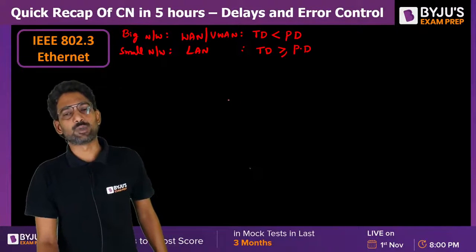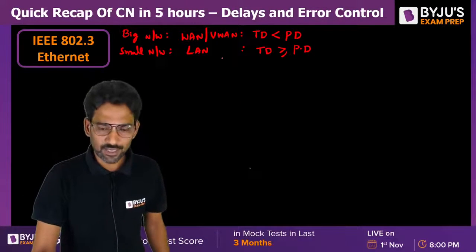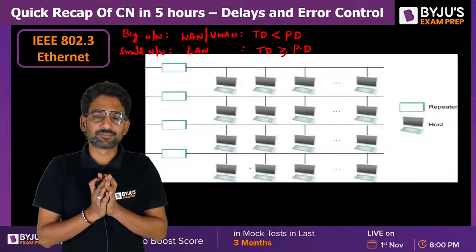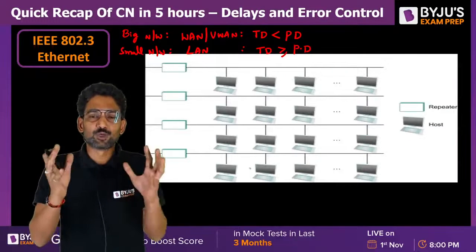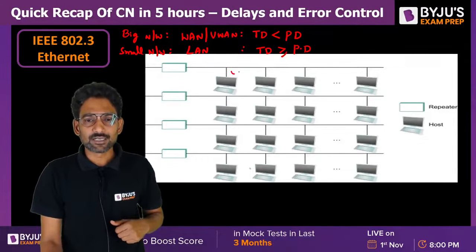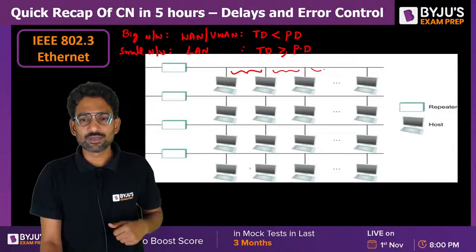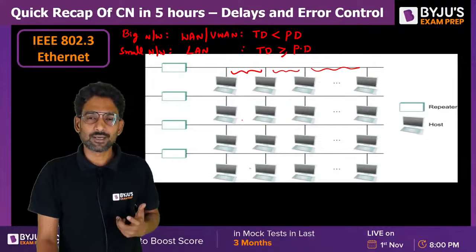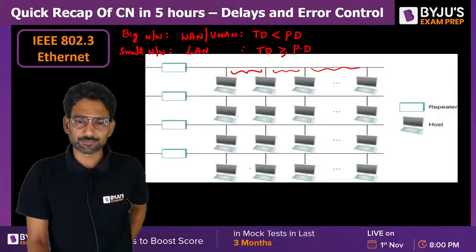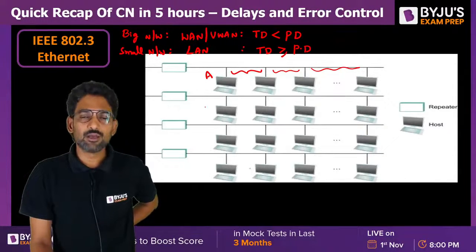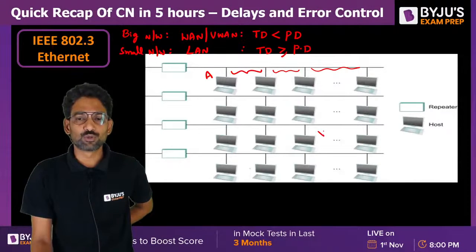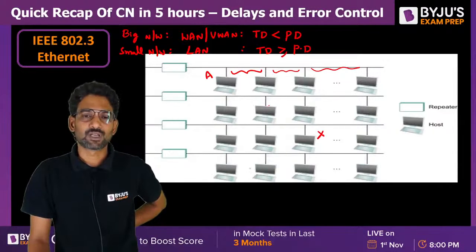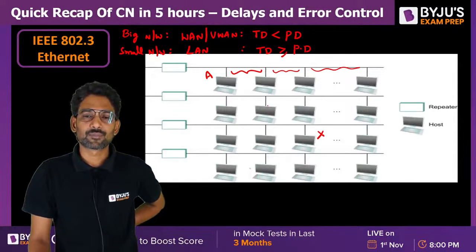So if you take a LAN, assume this is the LAN, local area network, in a building, in a room, you observe the distance between the nodes is very less. But if you want to send the packet, let's say this node A wants to send the data to node X. They don't have direct connection, right?